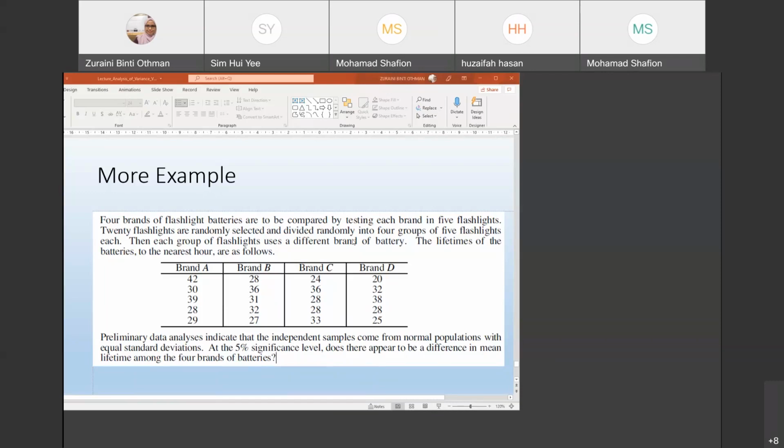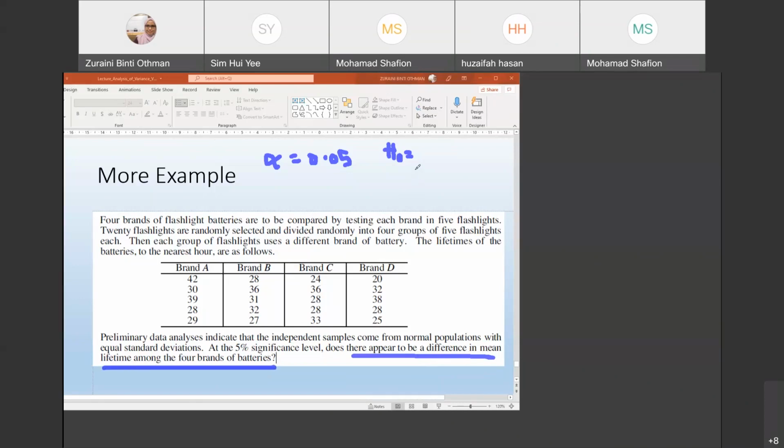Okay, now the significance level here is 0.05. And here we notice, what is our H null? You already learned about H null. This is the thing that we want to see: is there a difference in mean lifetime?